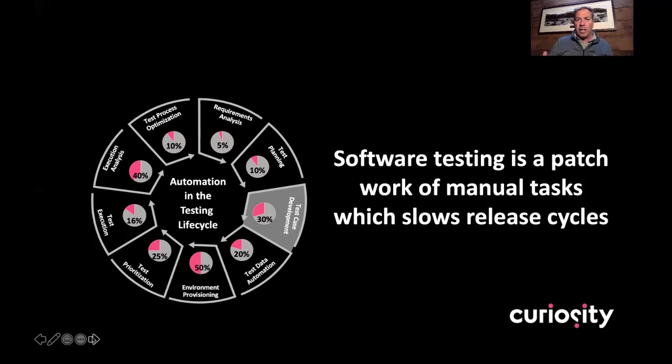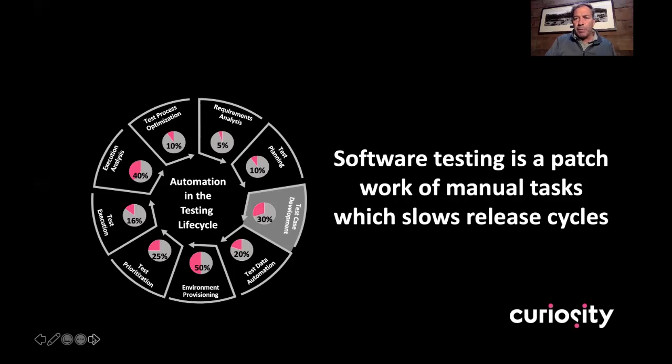So if you look across the life cycle in terms of requirements analysis, test planning, test case development, test automation, test data automation, provisioning, test prioritization, and so on, what you'll find is the level of automation varies from task to task. But as a whole, we haven't necessarily automated the task of software testing.